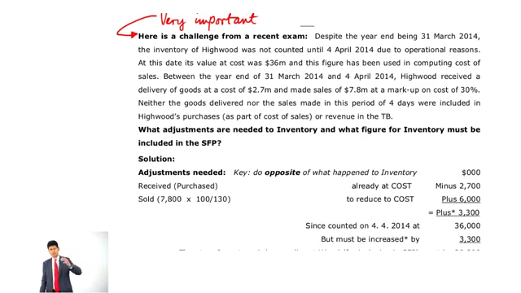Those have got to be brought back in. So what you normally do, purchases being added in, sales being taken out, you've got to do the reverse. So purchases are taken out, beg your pardon, and sales, of course, are brought back in. So you do the opposite of what you normally do.